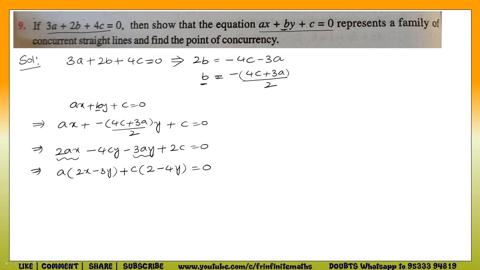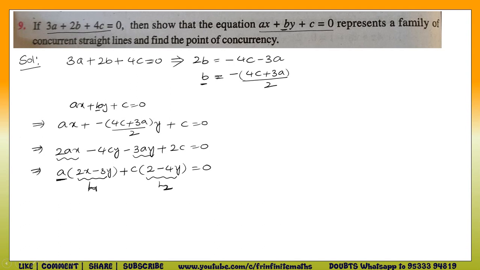So from this what I got? I have got lambda 1 into L1 plus lambda 2 into L2 is equal to 0, right? Now this is my first line equation L1 and this is my second line equation L2. Okay, now this is my family of concurrent straight lines.